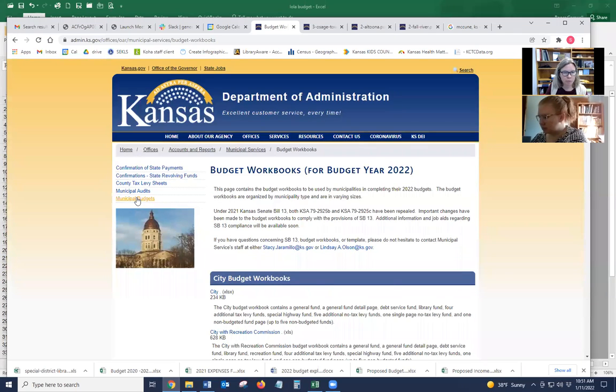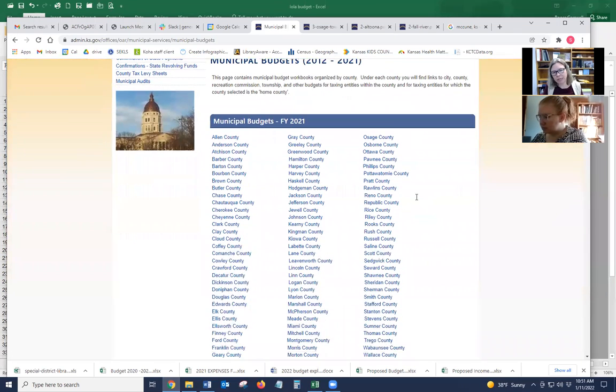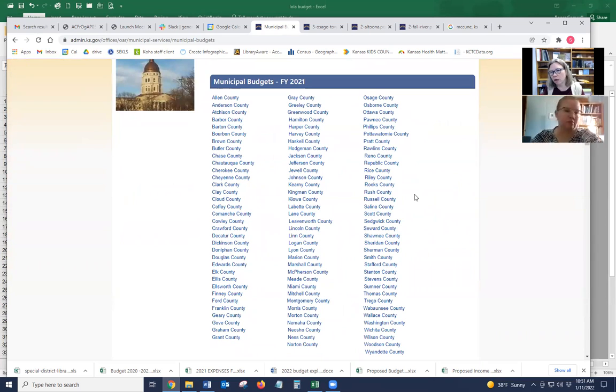That was municipal budgets right here. This is all last year, so they haven't put up this year's municipal budgets, but you are all able to contact your city clerk or your county. For Morgan, I think you'd get yours through your county commissioner or your county clerk for the 2022 spreadsheet.